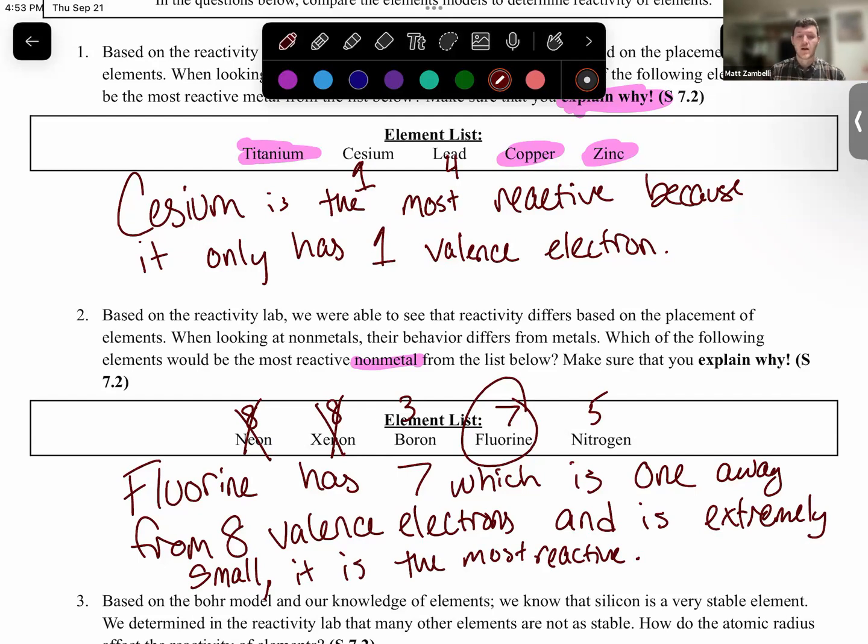It's our third smallest or fourth smallest element behind hydrogen and helium and neon itself. So it's actually one of our smallest to begin with. Plus, it just has 7 valence electrons, so it wants to react.